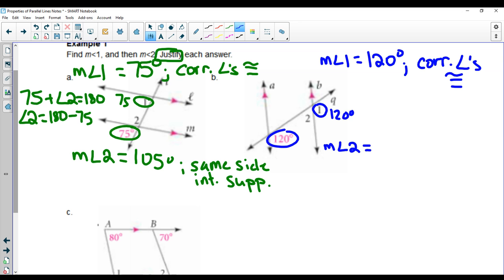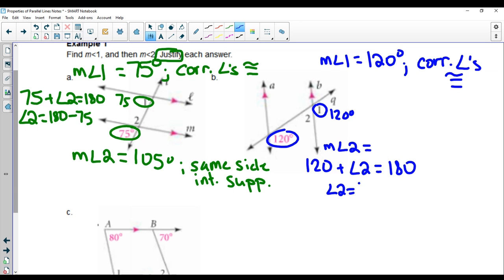Let's look at angle 2. Angle 2 and this 120 are supplementary. How do you know that, Mr. T? Well, they are same side interior angles. They're on the same side of my transversal Q, and they're inside my lines A and B. So I would know that 120 plus angle 2 equals 180.